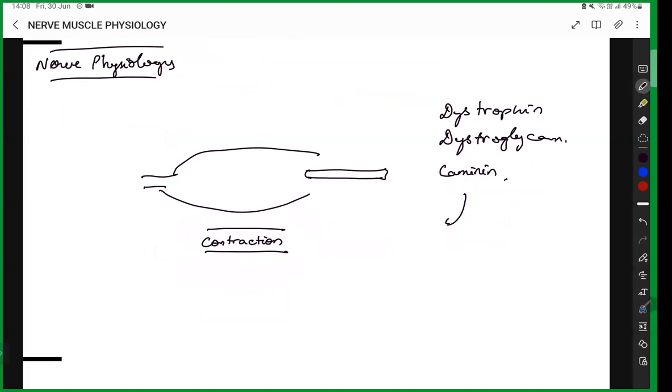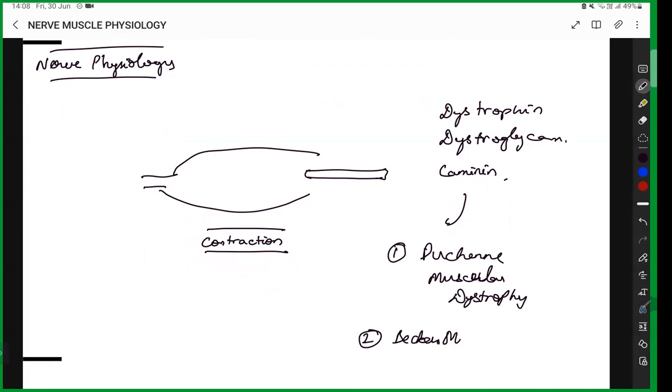What are they? Number one, Duchenne muscular dystrophy. Number two, Becker's muscular dystrophy. What are these two? This is what we are going to see now before we move towards the nerve physiology.